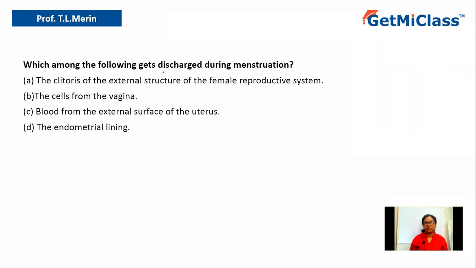It says, which among the following gets discharged during menstruation? So first of all, what is menstruation? Menstruation occurs once the ovum gets released in the previous cycle. If you talk about the menstruation cycle, there are 4 phases.